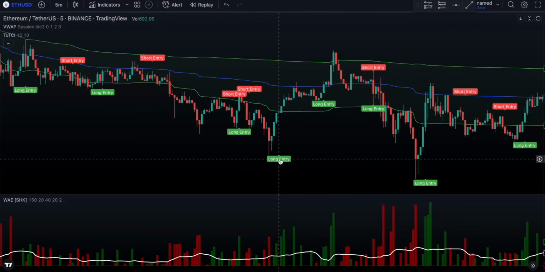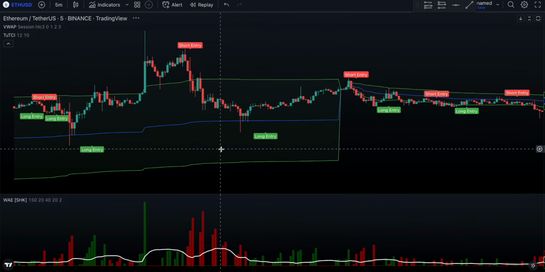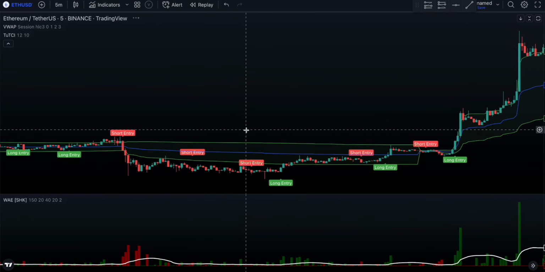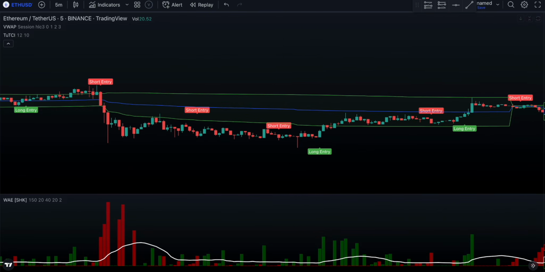Traders, I hope you have understood the rules. Let's now take a look at how many successful trades we can find on Ethereum on the 5-minute time frame.